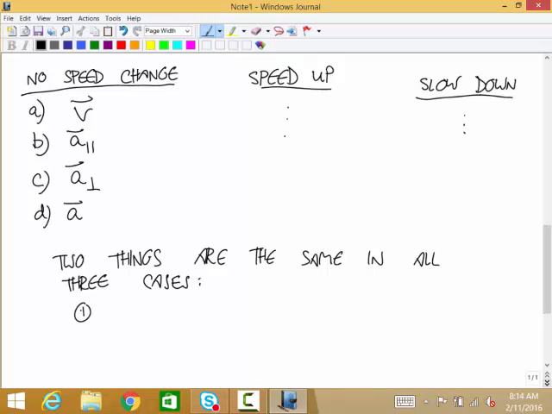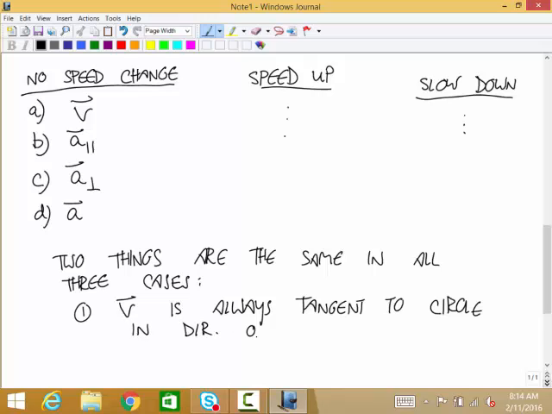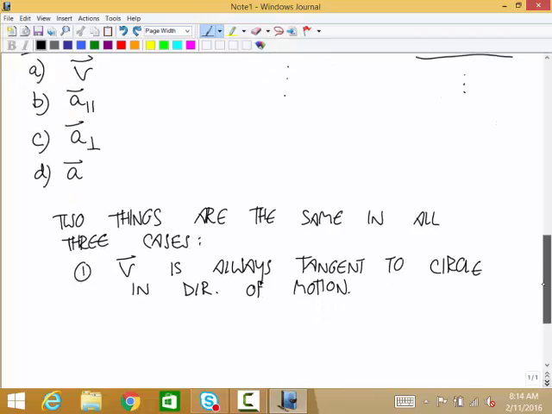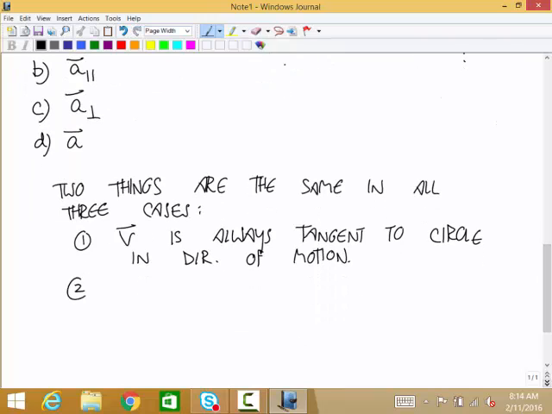The first one is that the velocity vector is always tangent to the circle, in the direction of motion. And the second thing is whether the object is speeding up or slowing down or moving with a constant speed, there's always a perpendicular part of the acceleration pointing towards the center of the circle.